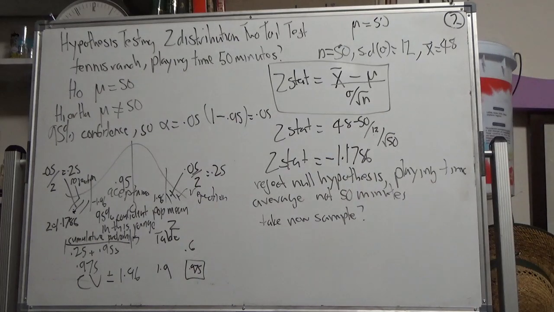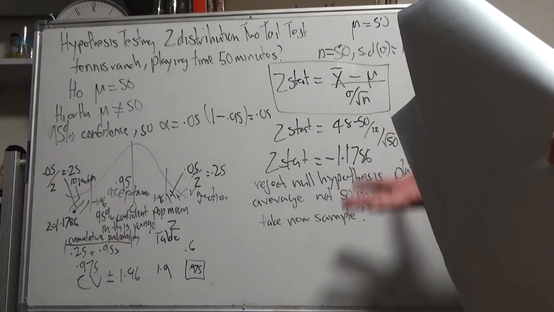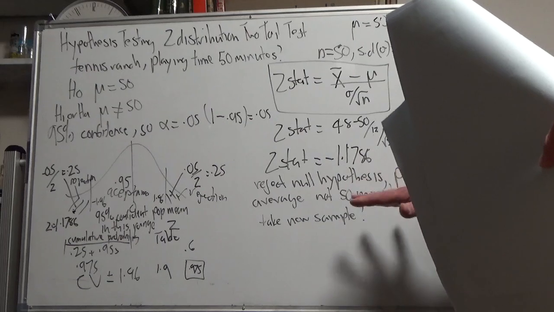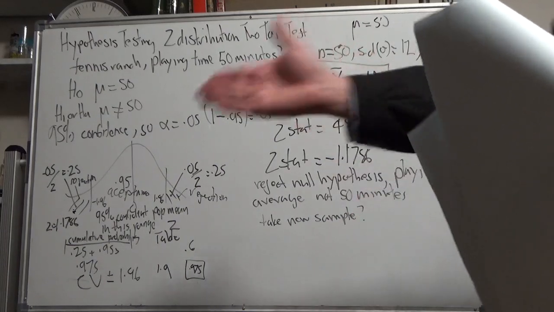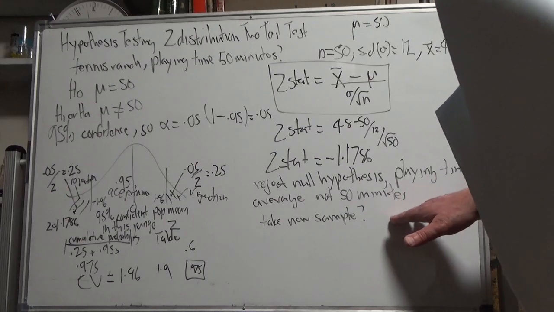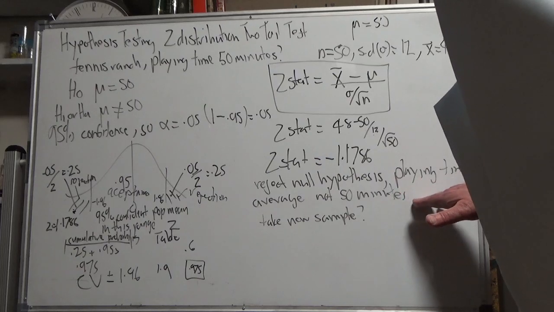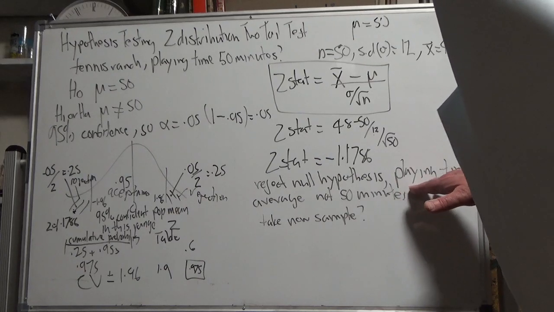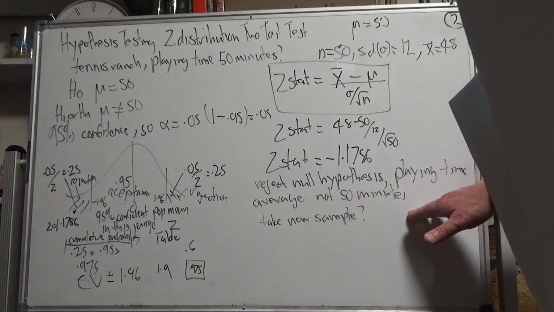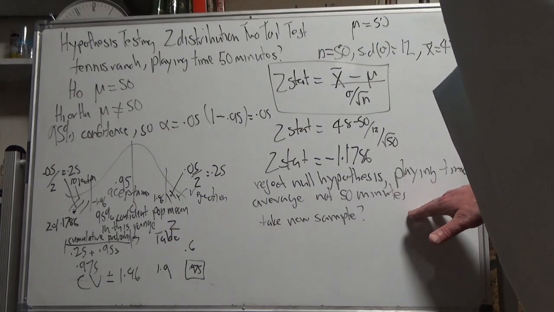You have to explain the survey a bit in layman's terms for the person who you're doing the survey for. Just state that we reject the null hypothesis, that's in our survey. So in fact the playing time of the average tennis player is not 50 minutes, and that discount scheme might not work.